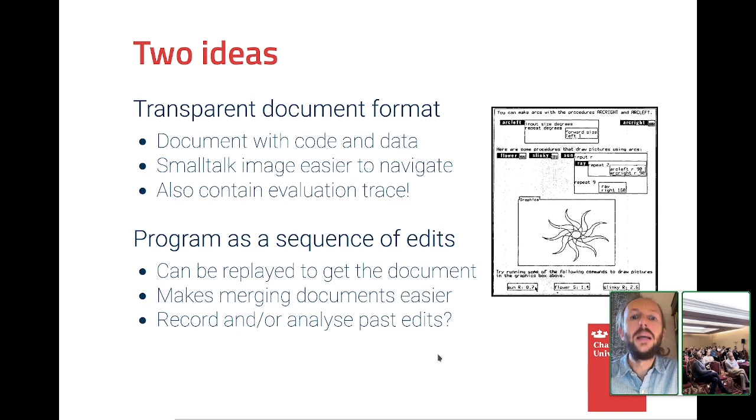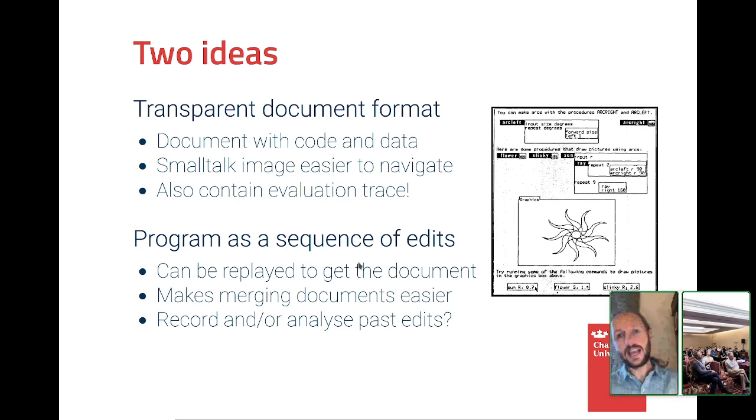Idea number two is to represent a program as a sequence of edits. So what I mean by this is that when you program, when you're creating this document, of course you could just store the current state of the document. But then it becomes quite hard to see how things were created, and it also becomes a nightmare to merge diverging documents.